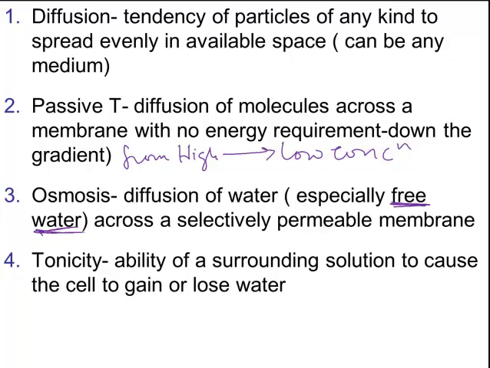So if you have a cell and a surrounding solution, it depends on how much free water this one has and how much solute it has, how much free water this one has, and depending on that, the direction of water movement is decided. Okay, so that decides the tonicity of the solution, which will cause the cell to gain or lose water.